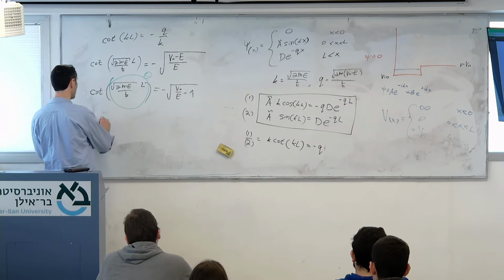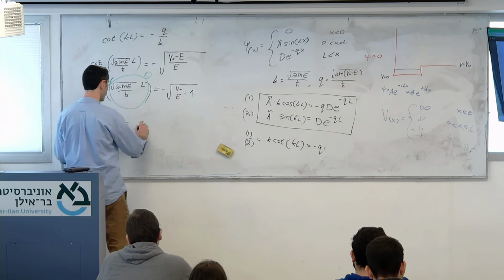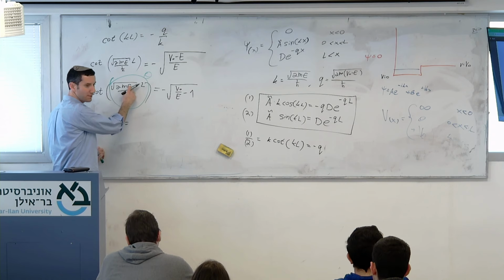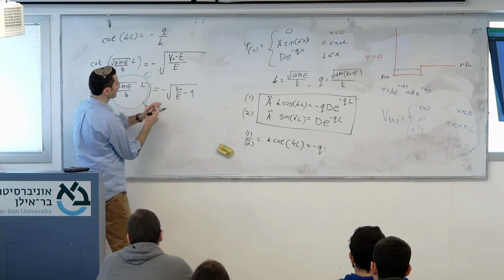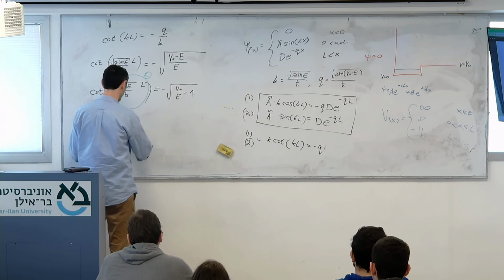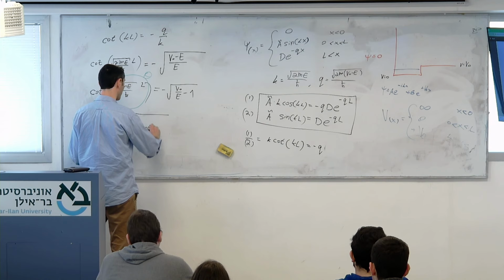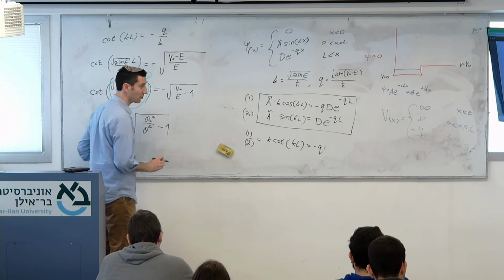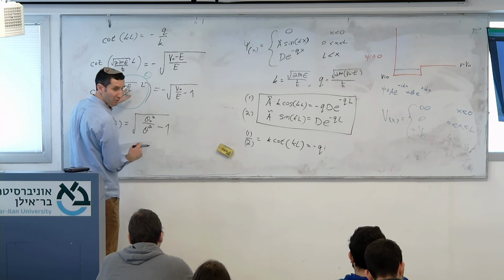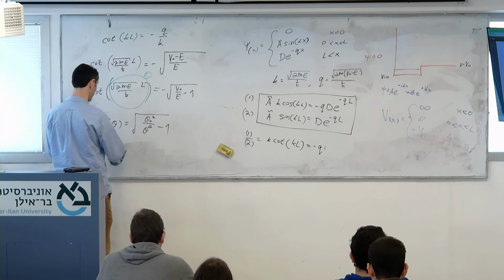I'm going to get here cotangents of theta is equal to, I see here that the theta includes the square root of E. So within the square root, this is theta squared, right? I want to have here theta squared over something, and call it theta naught squared minus 1. Theta naught turns out to be, not surprisingly, the same thing only with V naught.